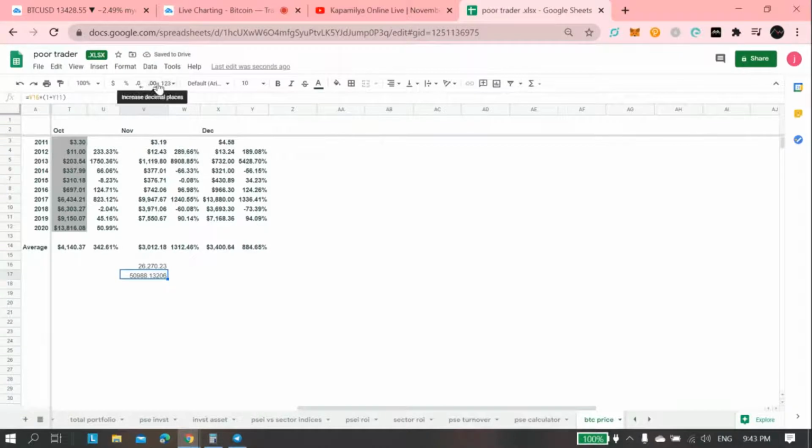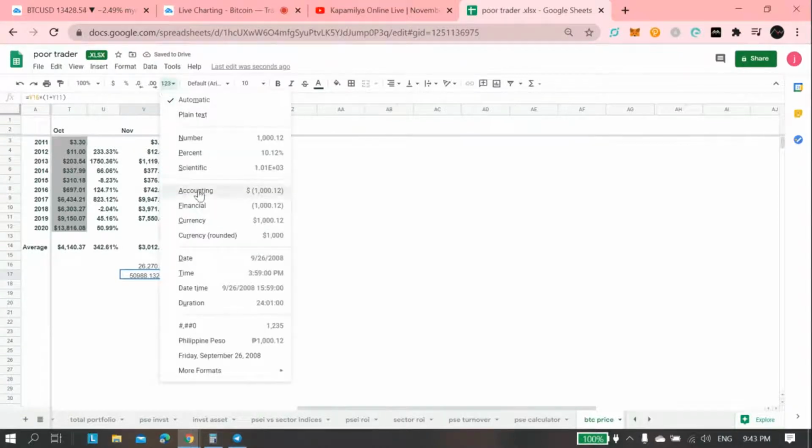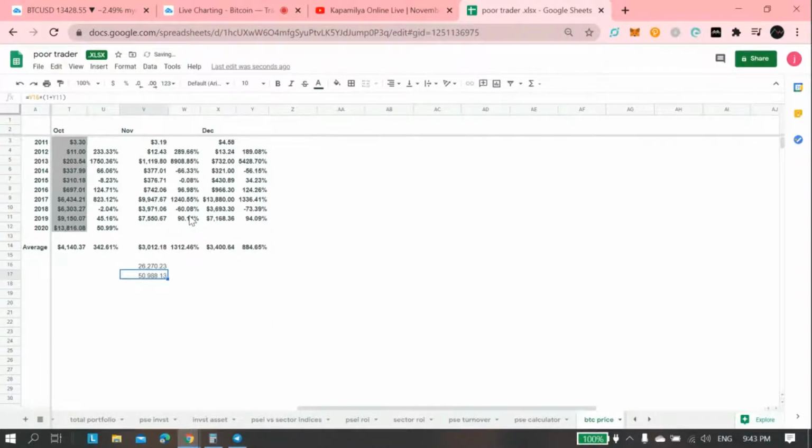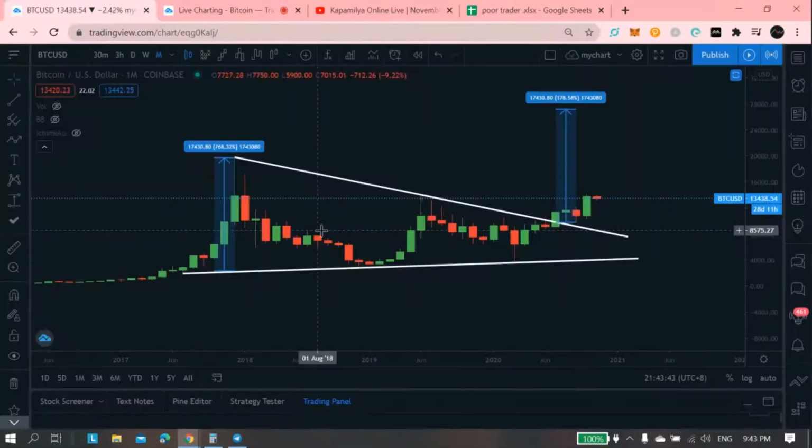So 50,000 possibly if this trend continues. 90% up for this month and another 94% up next month, same as last year. So let's see if this one will hit.